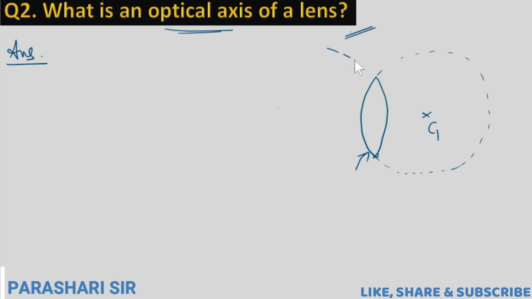Next. Now complete another sphere whose part is this right side surface of the lens. Now locate the center of this sphere as well. So this happens to be the center of the sphere whose part was the surface of this lens. Now what you do is, join these two centers through a straight line. Extend this.